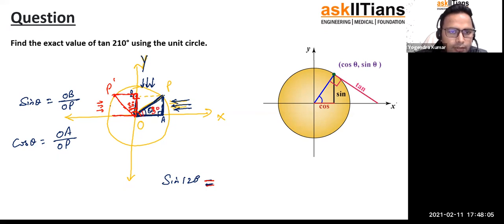So this triangle, if I name it A dash, can I say triangle OP dash A dash is congruent to triangle OAP, corresponding sides.